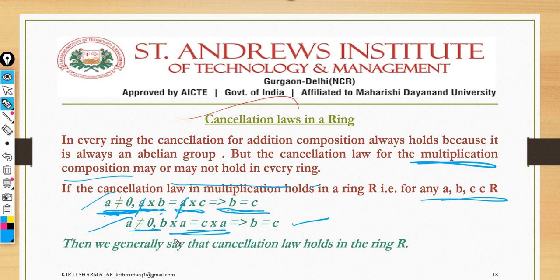This a is cancelled from both sides, like a cancellation law. But make sure you cannot show it directly here. This is an example only. It is a property, and you have to give the proper proof if anyone asks about the cancellation law in a ring.